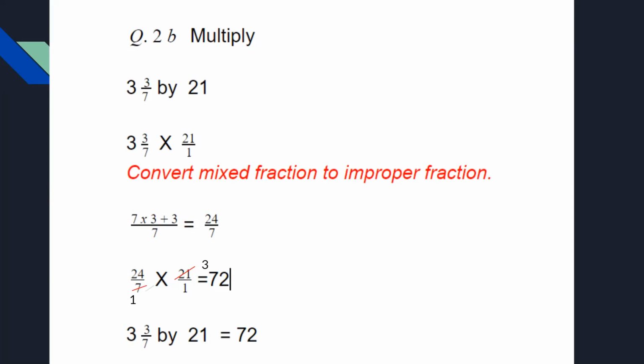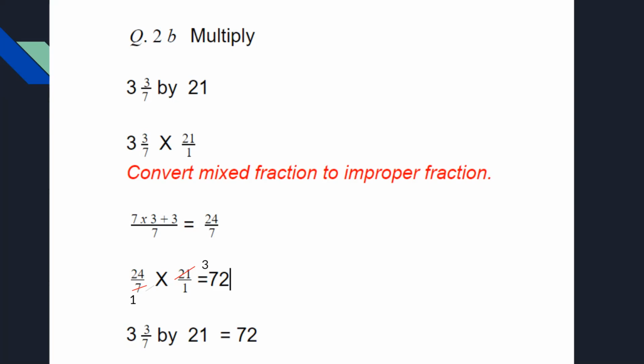So here I have shown that we can reduce when we see that 21 and 7 both are divisible by 7. So we can reduce it here only by cancelling each other. 7 ones are 7 and 7 threes are 21. So 24 into 3 is left. 24 threes are 72.